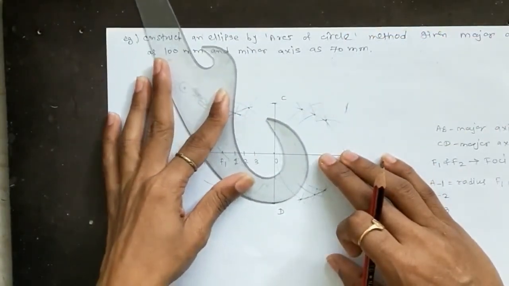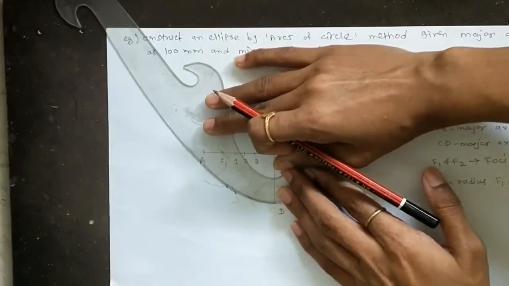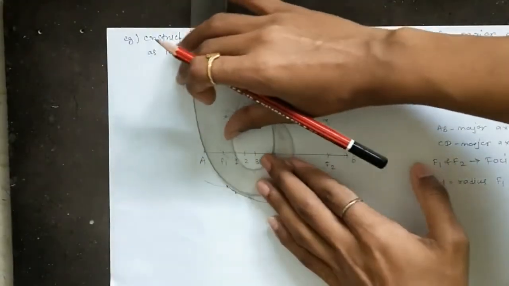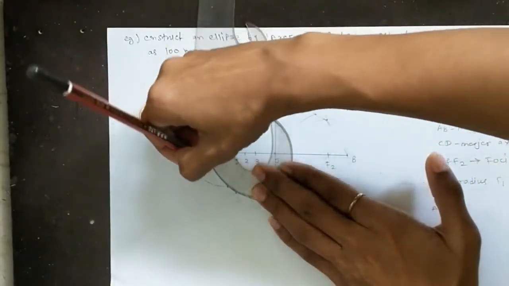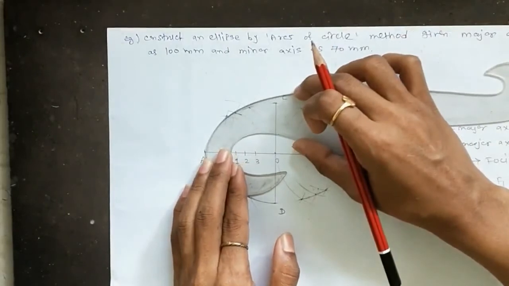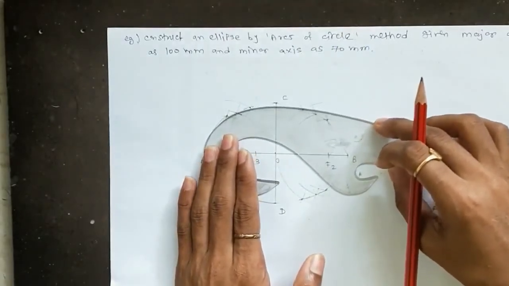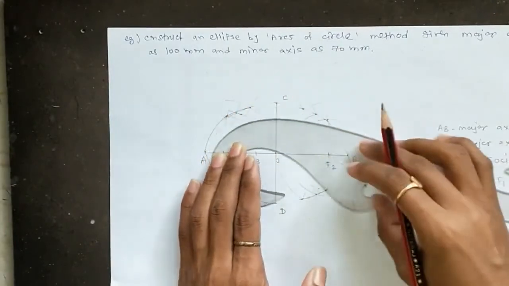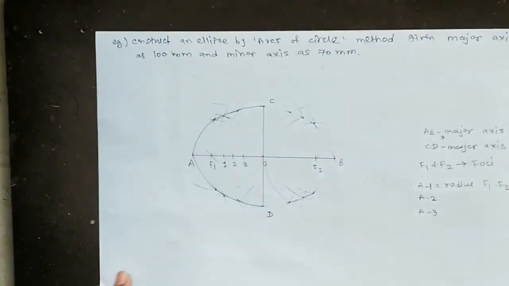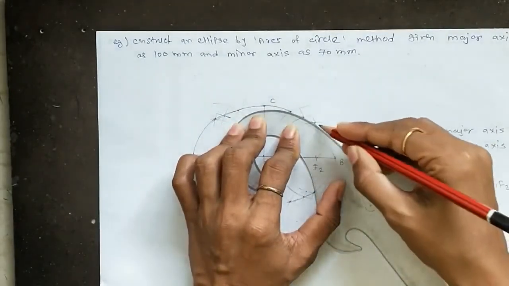Join the points up to A. Then from point A to C, join all these points, then from point C to B, by taking all these points.